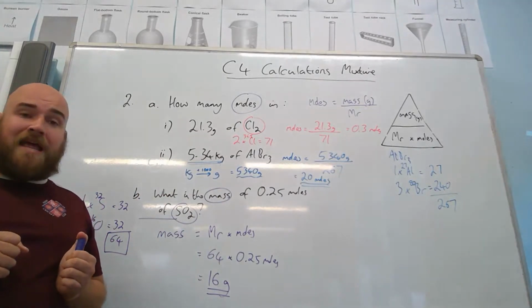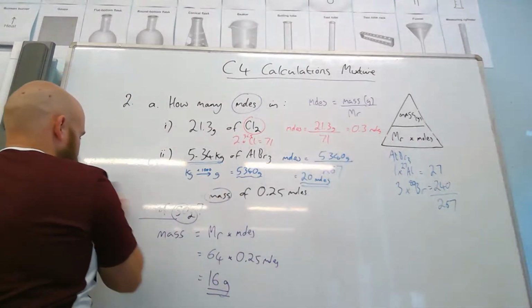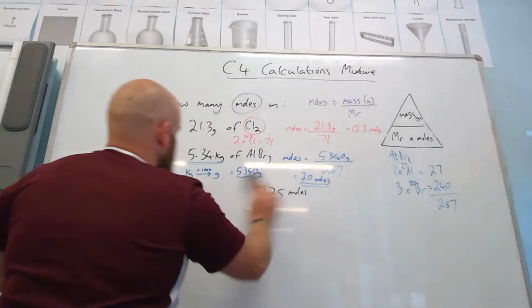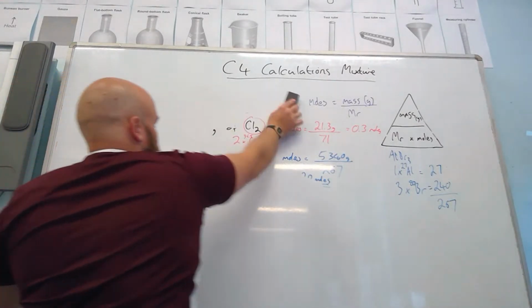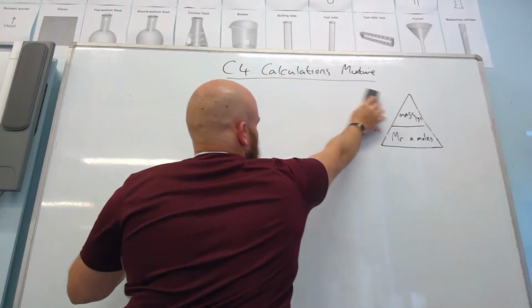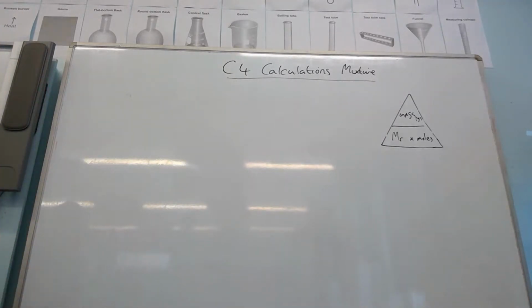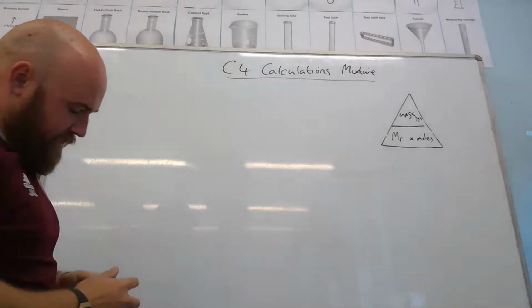Okay, I'm just going to clear the board now, and then we'll have a look at question 3. I think we're going to need this triangle, so I'm going to keep that there, because it's a reacting mass calculation, which we did loads of a few weeks ago.